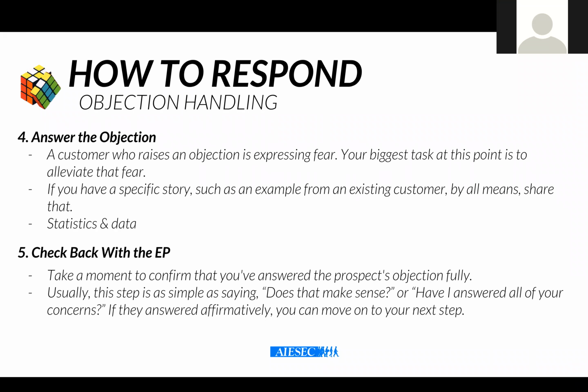Then finally, after you try to address that objection, check back with the EP and see if you've managed to alleviate it, or if they have another issue, and you can then address that particular issue. So it's all about objection handling. It's about making sure that the concerns they do have, we can address and alleviate, so that they feel better and more confident about going on an exchange.